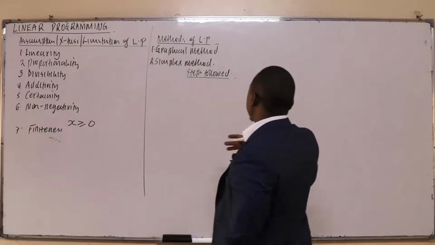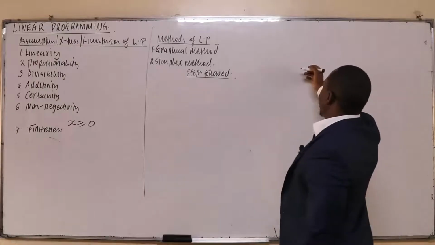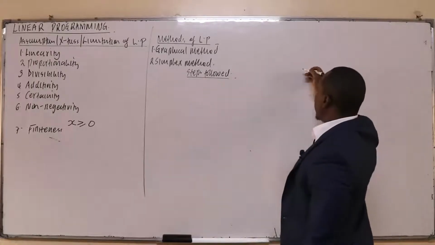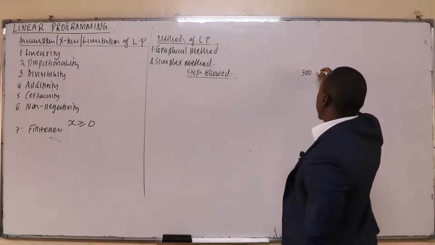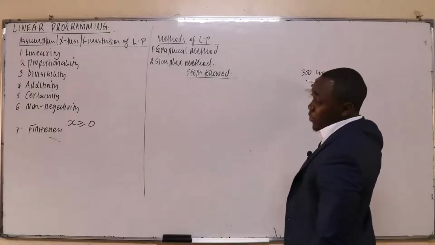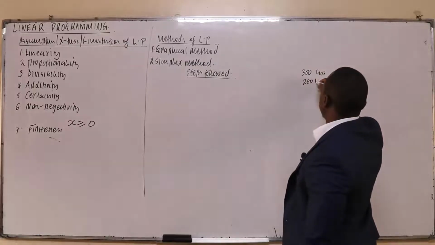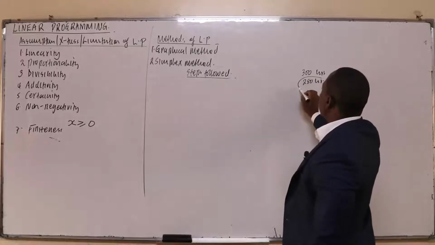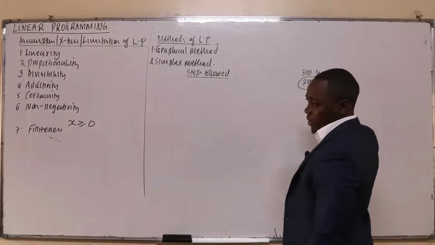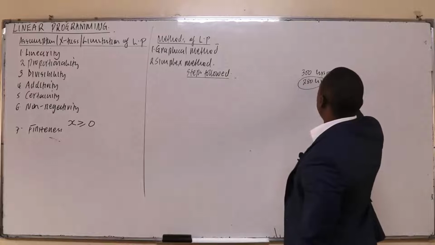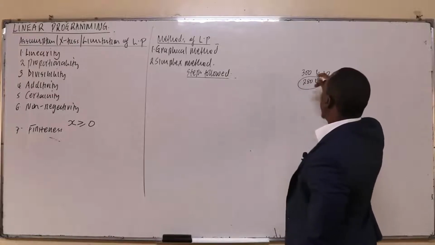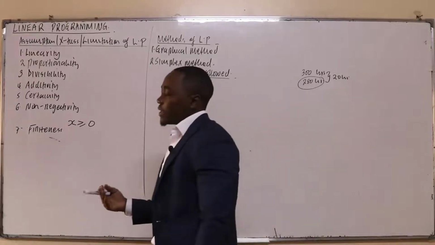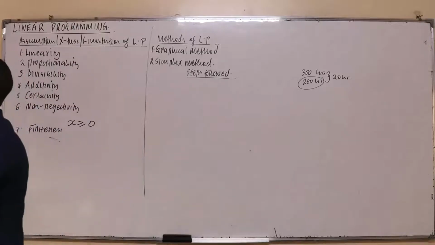For example, to produce certain products, you need 300 labor hours or machine hours, but the maximum you can afford is 280 hours. That means we are facing a deficit of 20 hours. How many units of a certain product will you produce to achieve your objective?